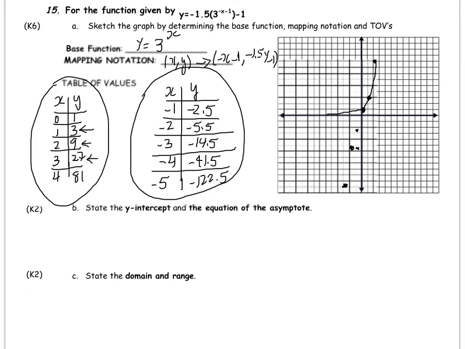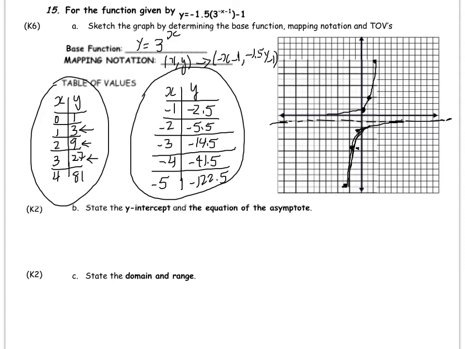So this means that the line y equals negative 1 is going to be our horizontal asymptote. The graph is going to look something like the following, roughly.